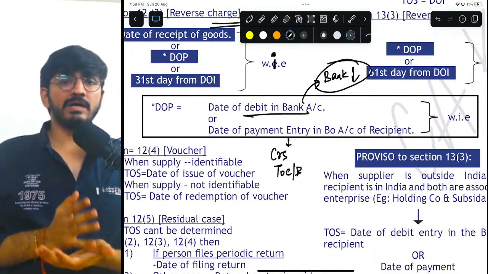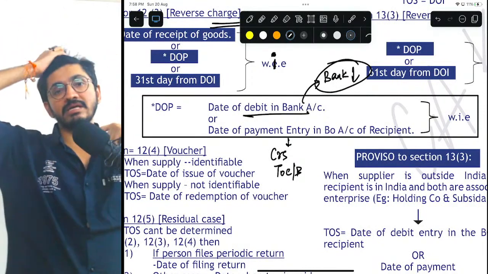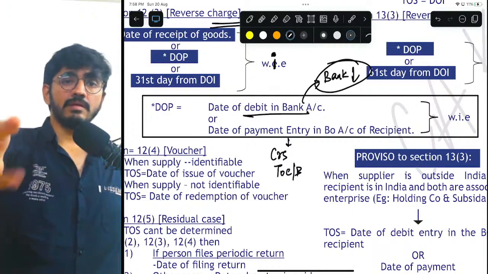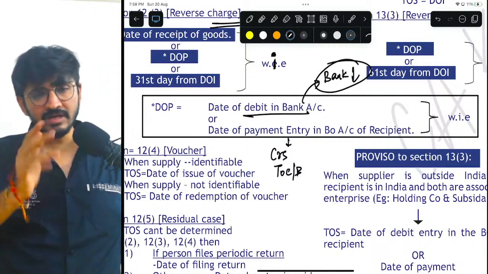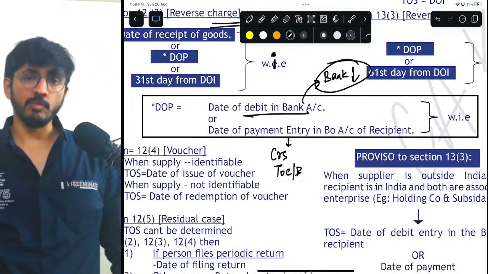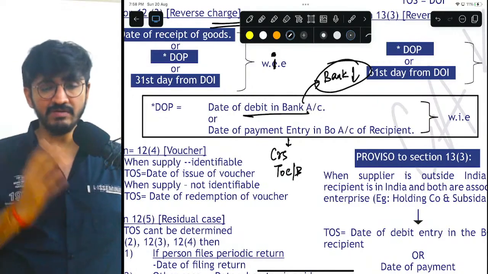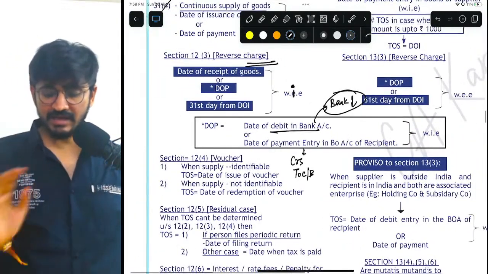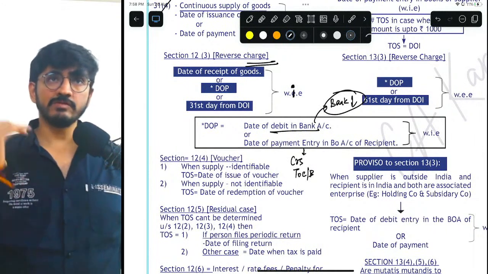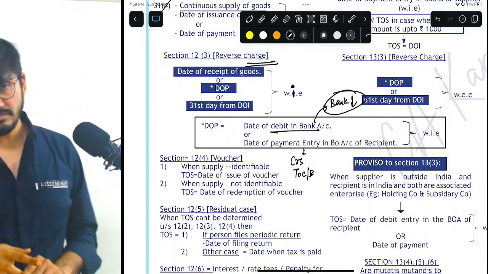So when your accountant is passing that entry in the books of accounts, whether in the passbook or in the cash book, doesn't matter, whichever is the earlier date, that is very clear the date of payment.